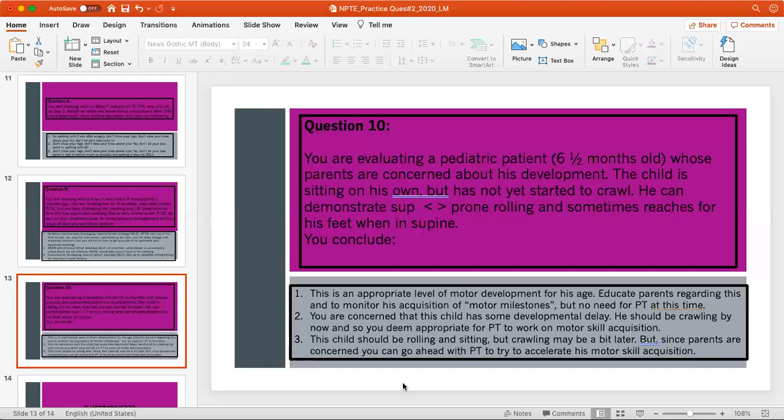They might be a little bit later. So I think he's within the normal range. So we're not going to do PT just because parents want him to develop a little bit faster. Maybe give them some tips on things they can do to help in this first appointment or eval, but I probably wouldn't see that kid.